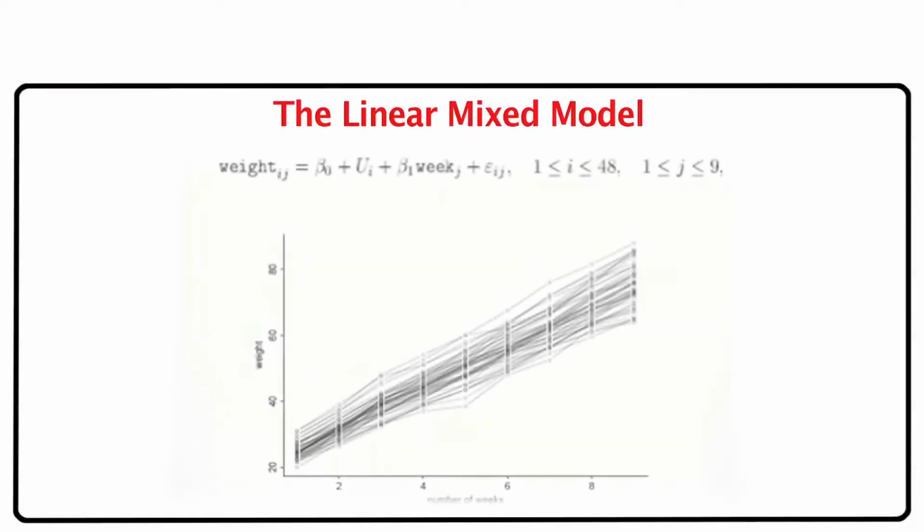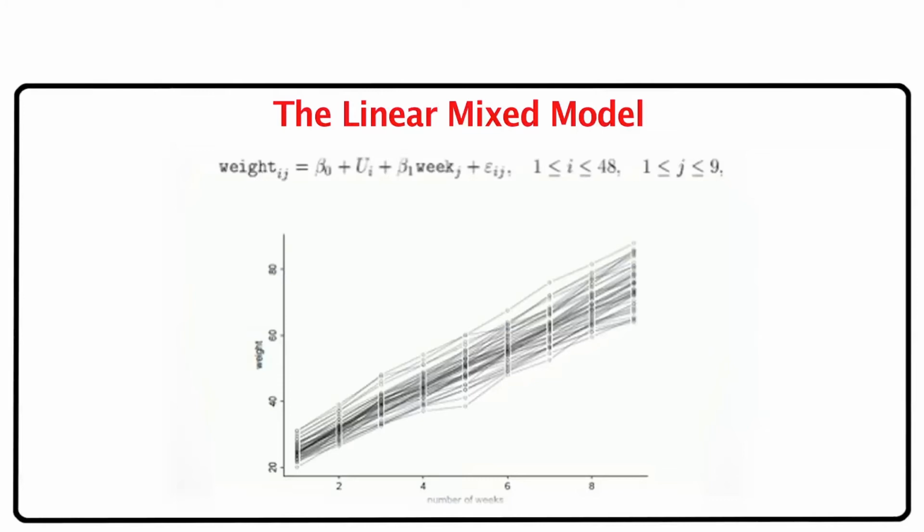A second example, which you have seen before, which motivates the generalized linear mixed model, is shown on this slide. This is an example from the weight of pigs dataset in R. We are looking at the weight of several pigs, measuring this longitudinally over weeks, and in this graph we have plotted how the weight of the pig varies over the number of weeks.